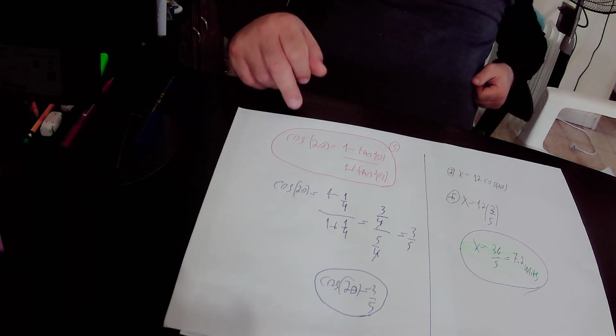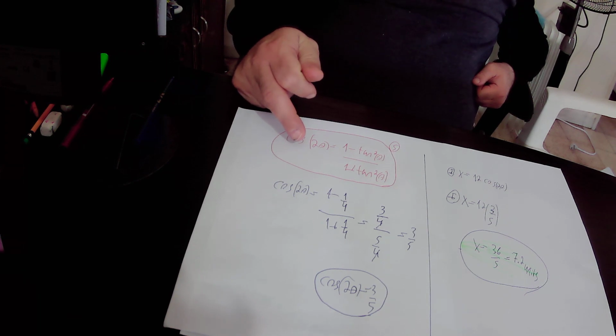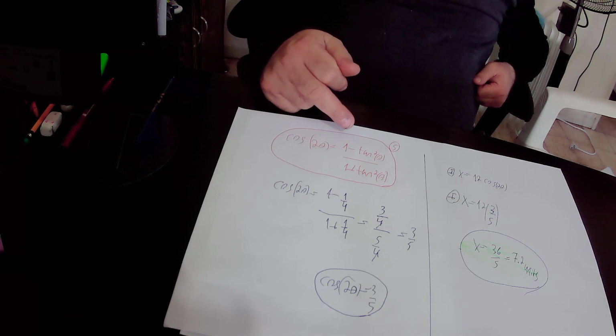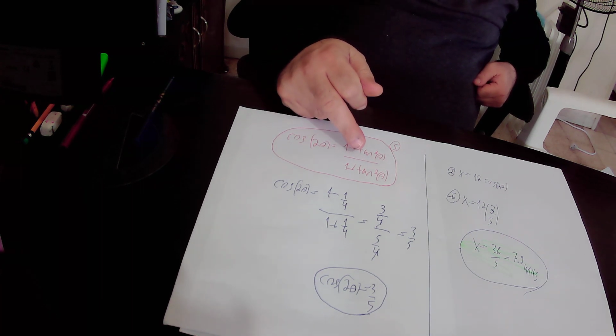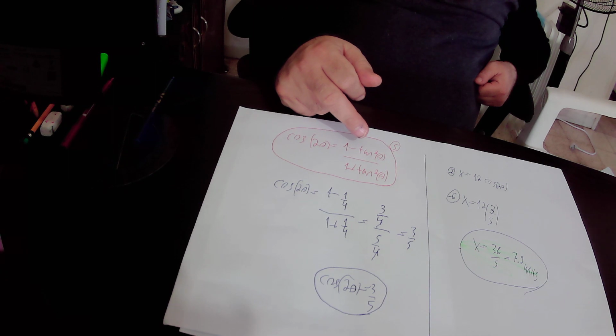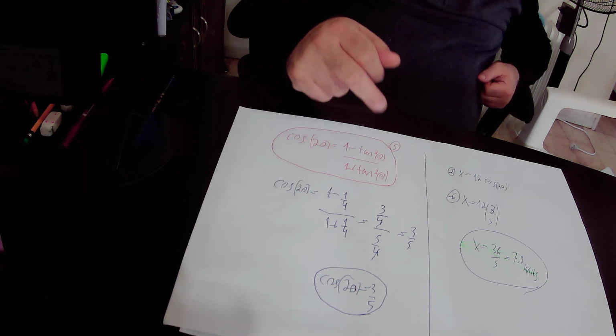We did it and we got that cosine 2 theta equals 1 minus tangent square theta. If tangent theta equals 1 half, tangent square theta will be equal to 1 half squared, that is 1 over 4. Okay? Over 1 plus tangent square theta, that is actually 1 plus 1 half squared. 1 half squared is 1 over 4.